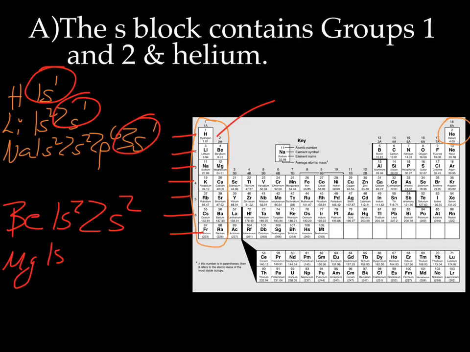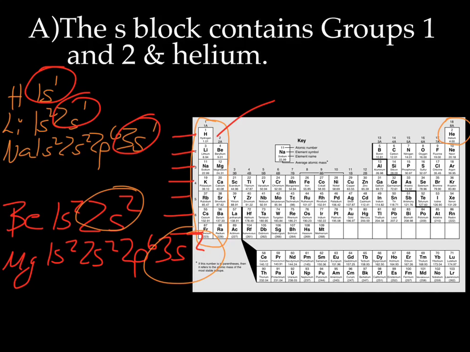Magnesium is 1s2, 2s2, 2p6, 3s2, and so forth. So all of group 2 ends in s2. And helium's a special case. He is 1s2, but he's over there with the noble gases. All right, so we've got the S block.